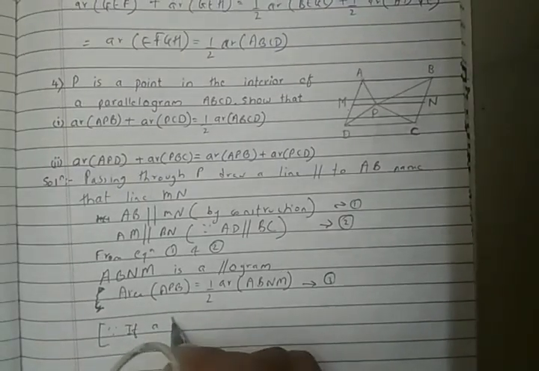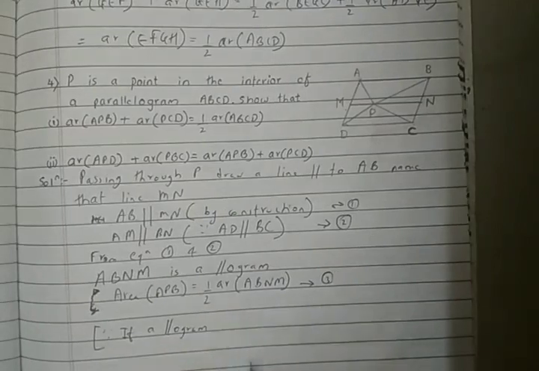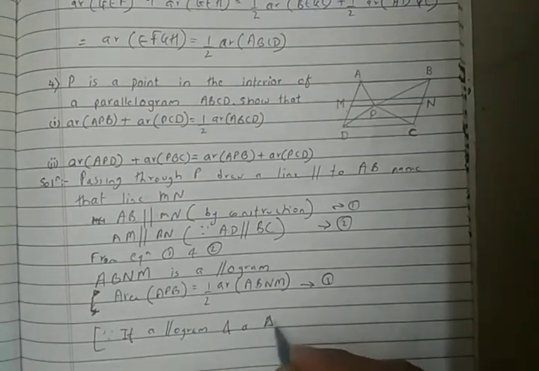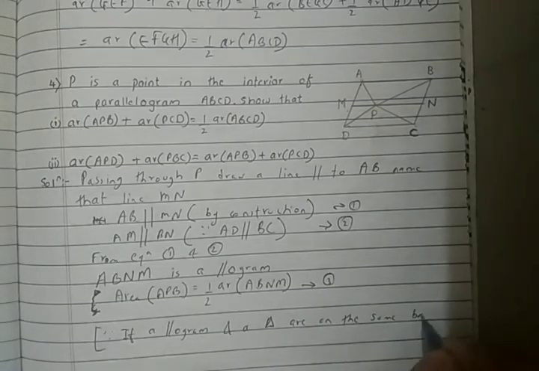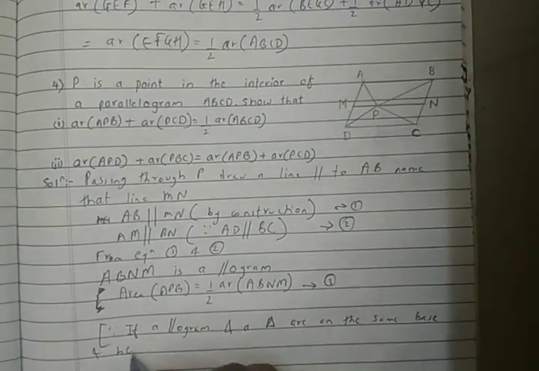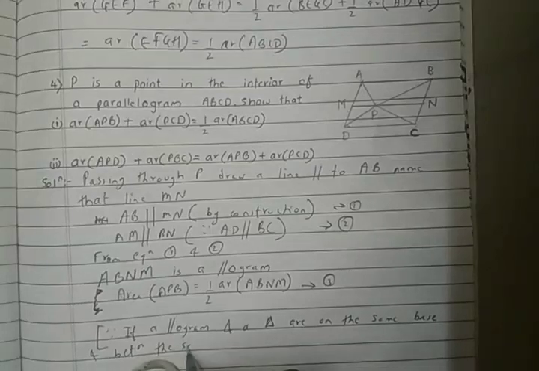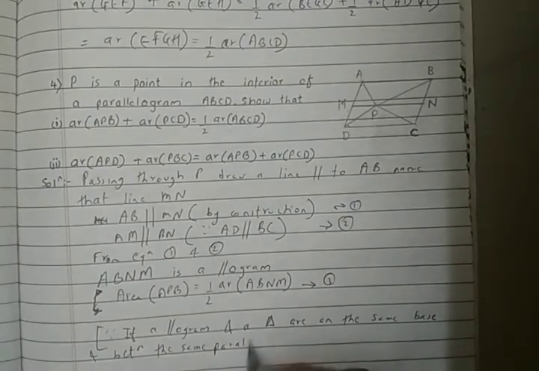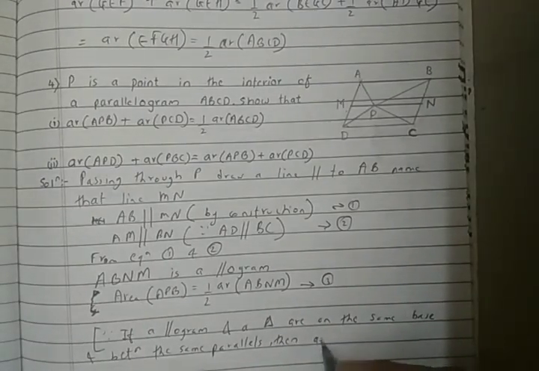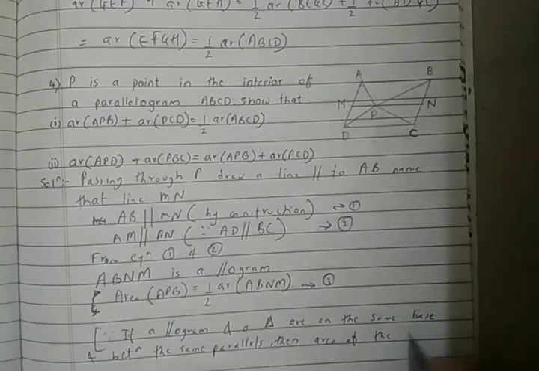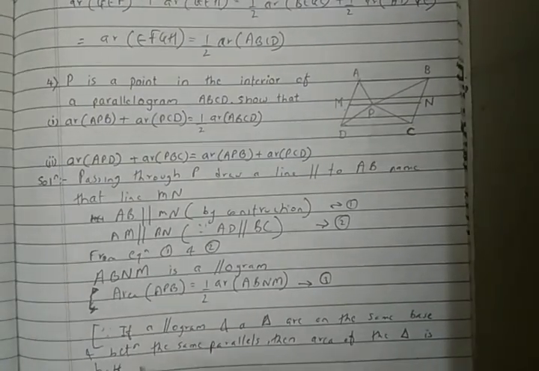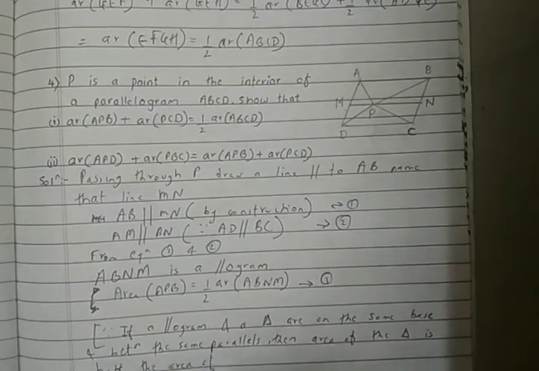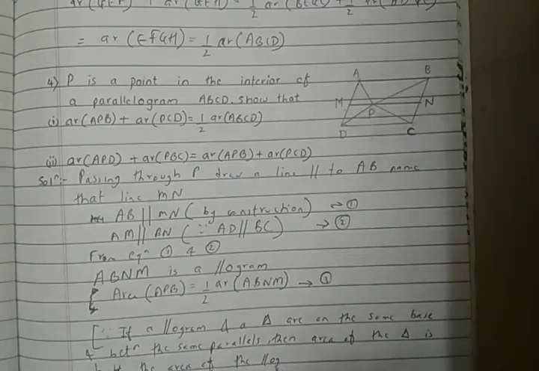Because if a parallelogram and a triangle are on the same base and between the same parallels, then area of the triangle is half the area of the parallelogram.